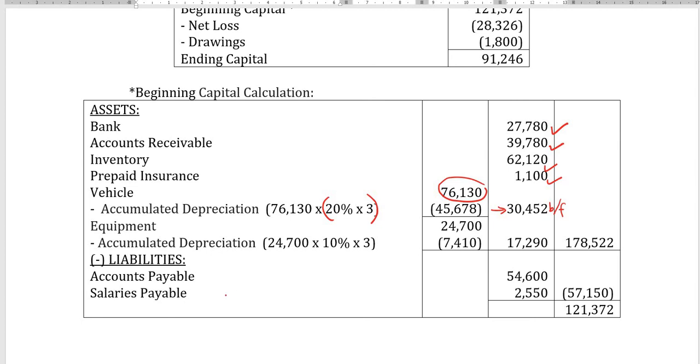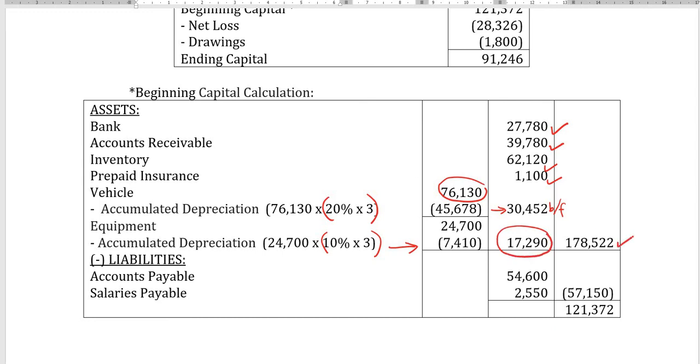Okay, you must understand this properly because the question does not give the asset balance as at 30 September 2008. Alright. Okay, and this is for accumulated depreciation for equipment, same as well, it has been depreciated for 3 years. So this is the accumulation. So this is the opening balance for equipment.